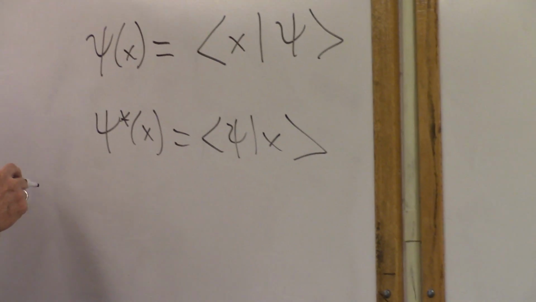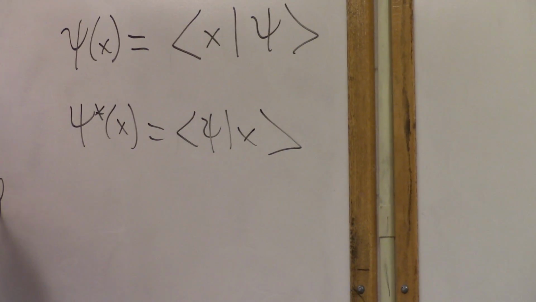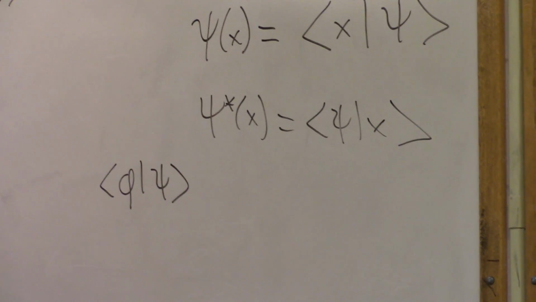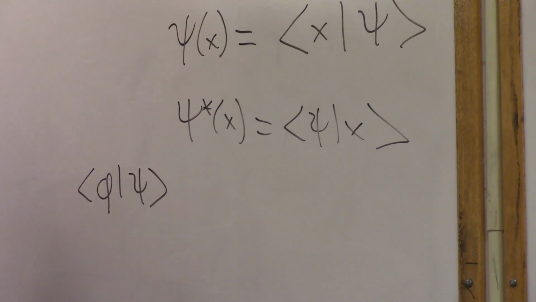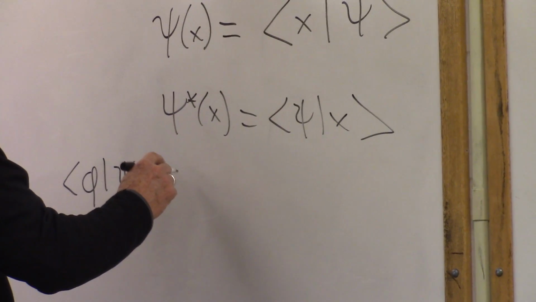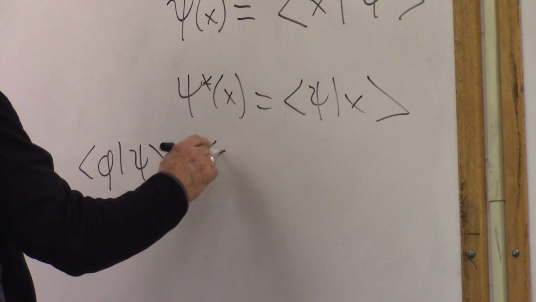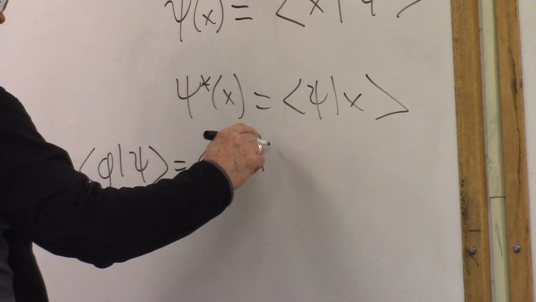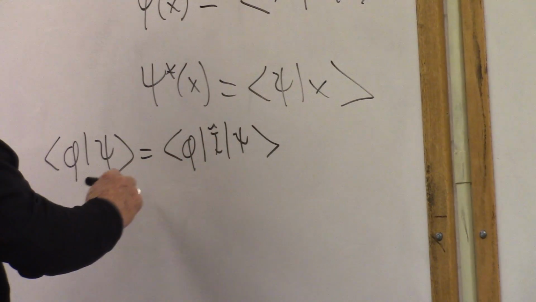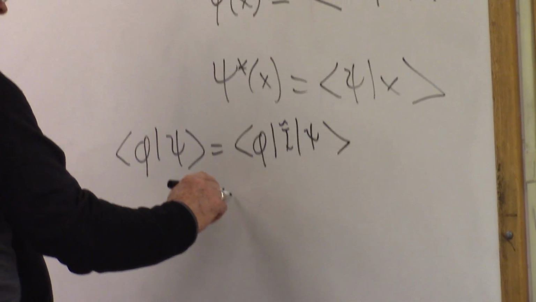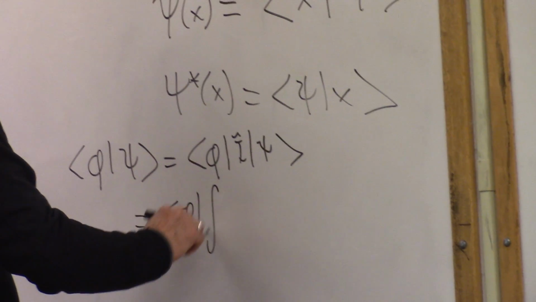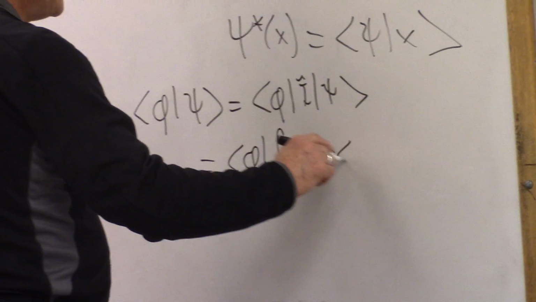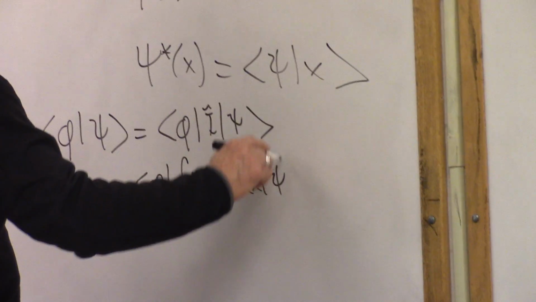And then finally, what is this guy right here? It's the inner product between any two arbitrary states. They don't have to be eigenfunctions, just some arbitrary states. Let me see what happens if I put the identity operator inside here, using the x representation of it. So that would be phi, integral dx, outer product of x, psi.